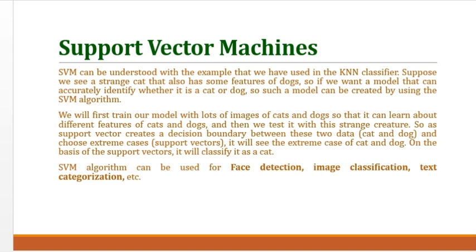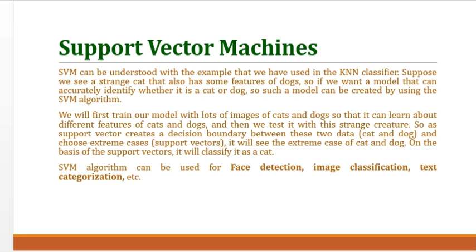generalization to unseen data. Let's say an example: we see a cat that has some features of a dog, and we want to see if the model can accurately identify if it is a cat or a dog. That model has to be created using the SVM algorithm.